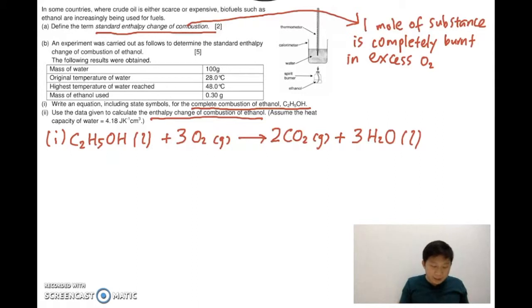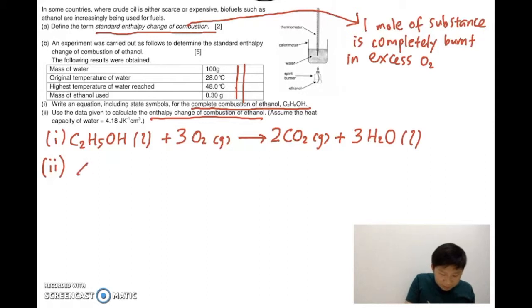Okay, and then let's use the data over here. So the data given over here is to calculate the standard enthalpy change of combustion of ethanol, right, for part 2. So of course you must know the formula, right?